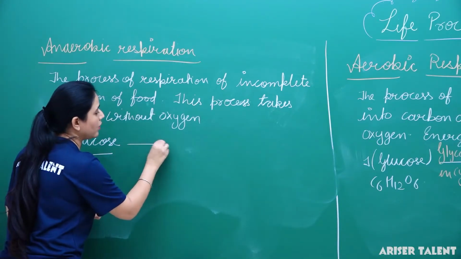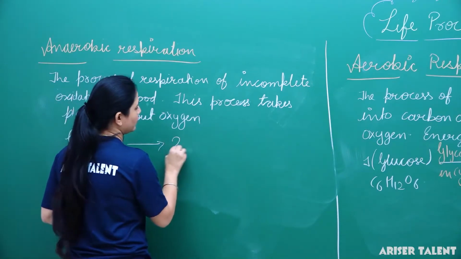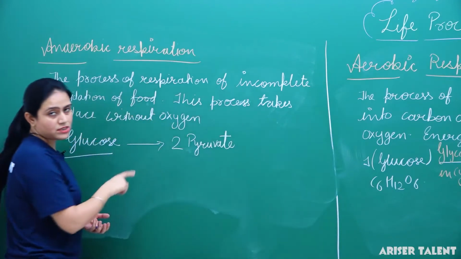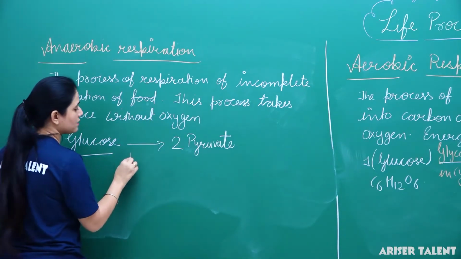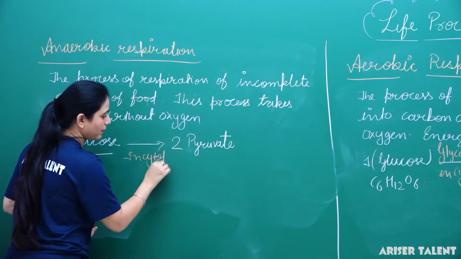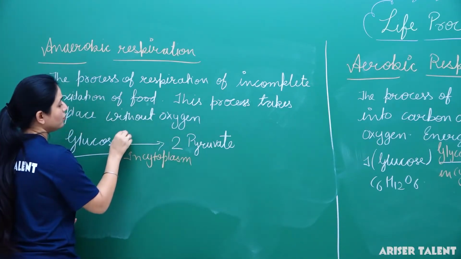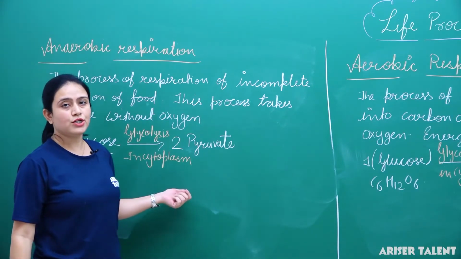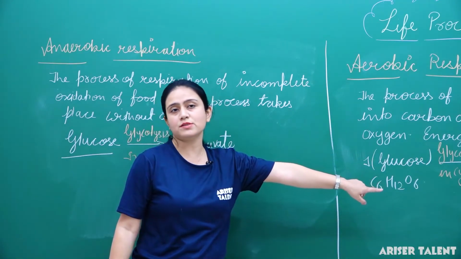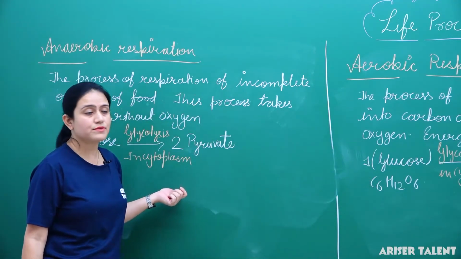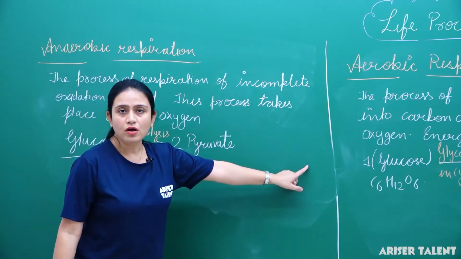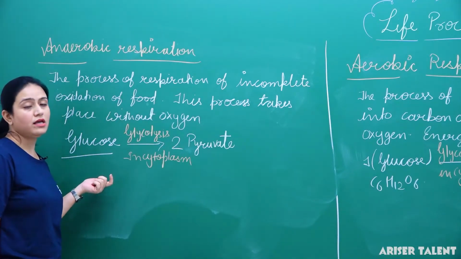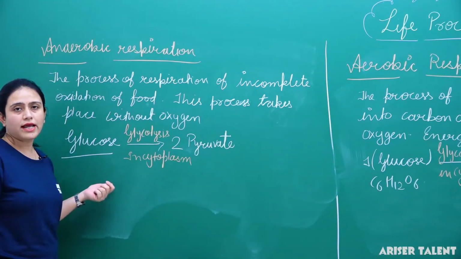So glucose will convert into pyruvic acid, 2 molecules of pyruvate, and this process takes place in the cytoplasm only, and is known as glycolysis. But in aerobic respiration oxygen is present, while here oxygen is absent, so it will not oxidize further.